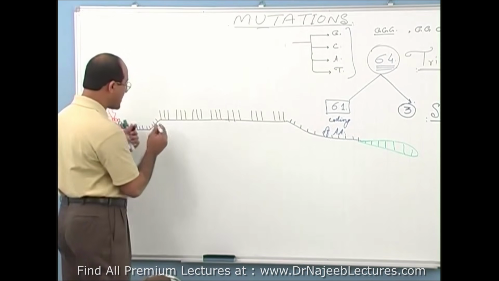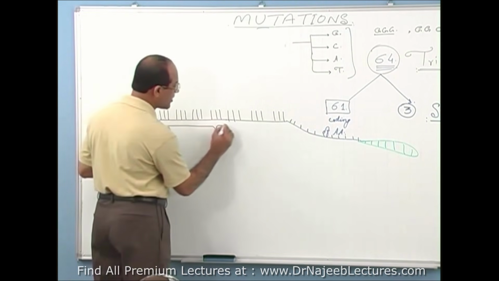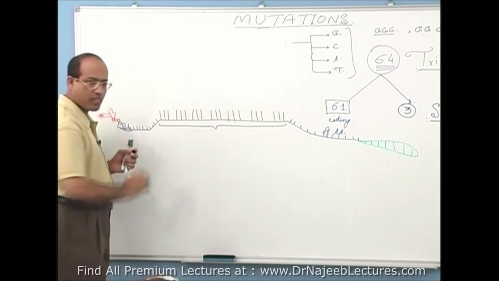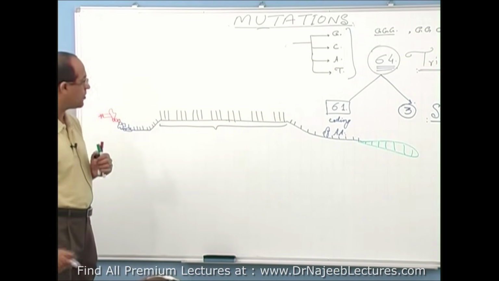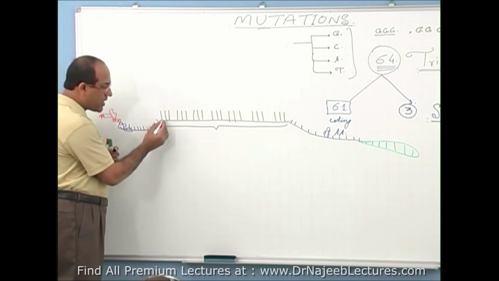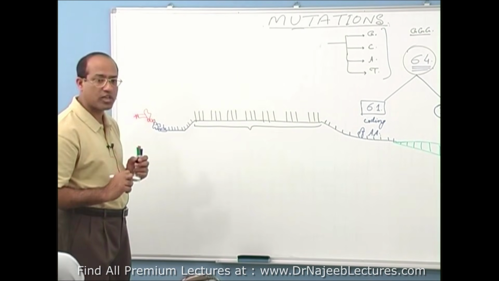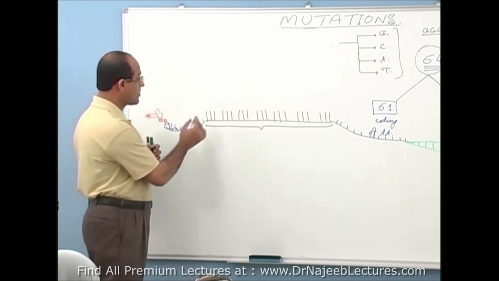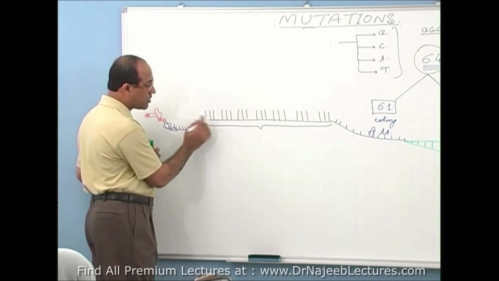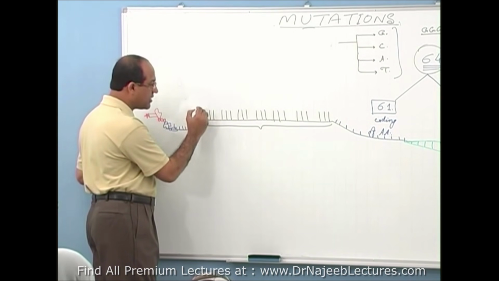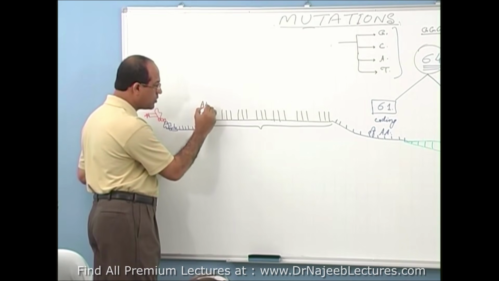It means this is the area which should be translated into protein. Now, the point from where protein synthesis should start, there is a very special type of codon, that is usually AUG.